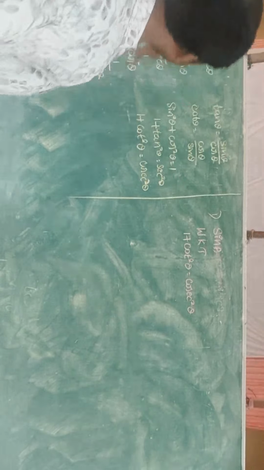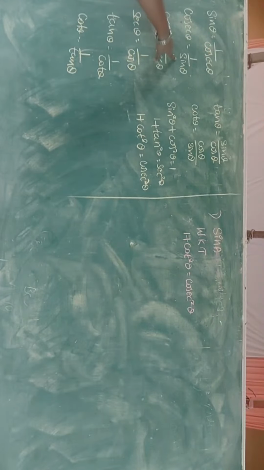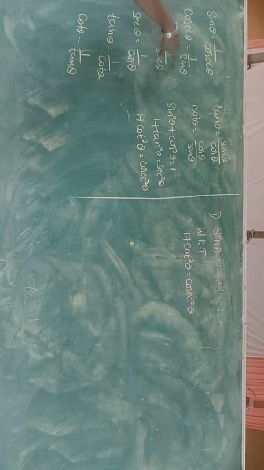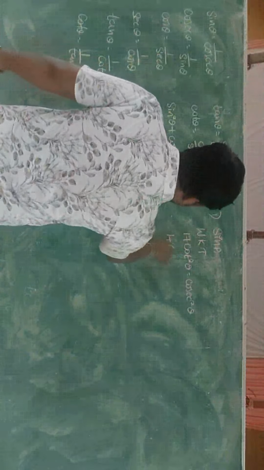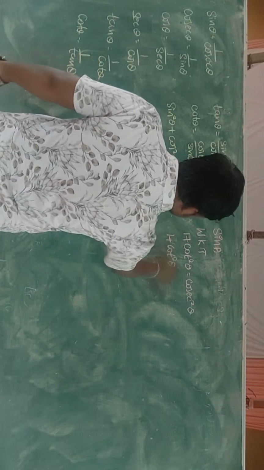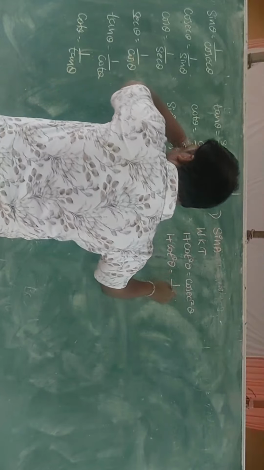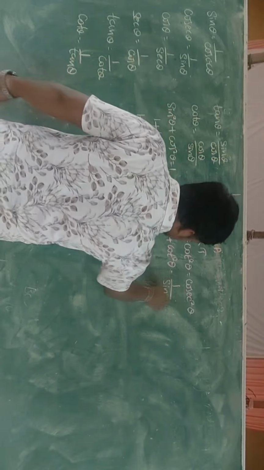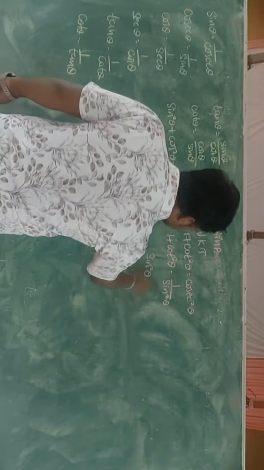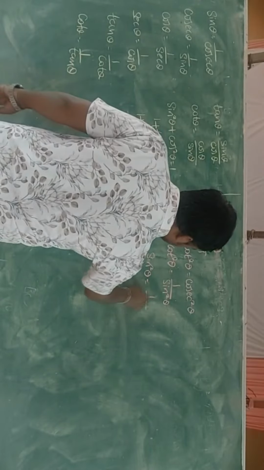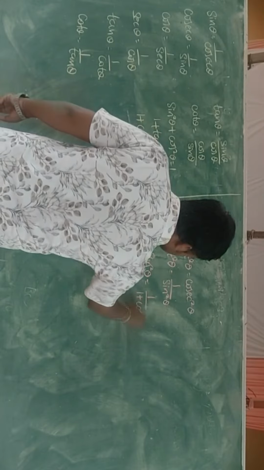Now cosec we can write in the form of sine. How? Cosec is the reciprocal of sine theta. So 1 plus cot square theta is equal to 1 upon sine square theta. Cross multiplying, sine square theta is equal to 1 upon 1 plus cot square theta.